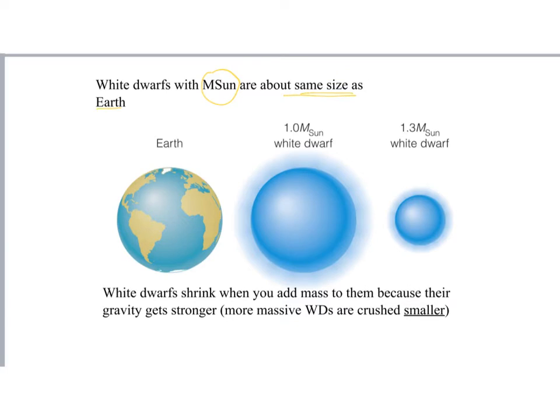Now, fun fact: the mass of the Sun is about a third of a million times the mass of the Earth, about 330,000 Earths in terms of the matter that they comprise. So imagine multiplying Earth's mass by this number, and you get something of the same size. It's kind of crazy.